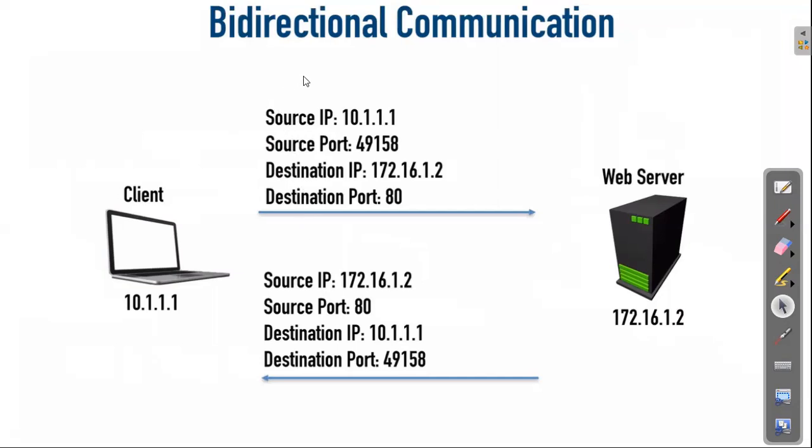Right. Now you can see bidirectional communication. Bidirectional communication means two-way communication, right? Source IP 10.1.1 has a source port. Destination IP is 172.16.1.2. So both are in different networks, right? The destination port is 80, source port is 49,158. Now you see the source IP address is 1.2. That means the server is sending the reply, and source port is 80, destination is 10.1.1, destination port is 49,158.